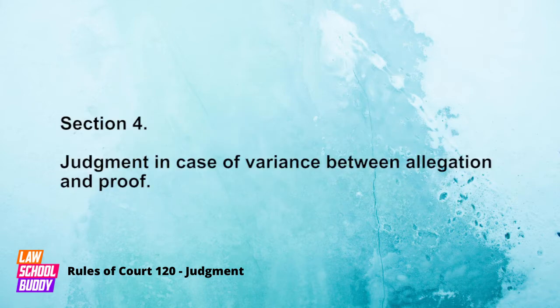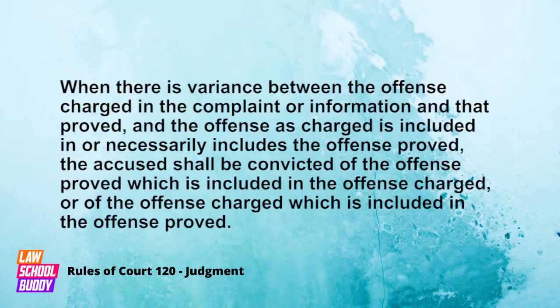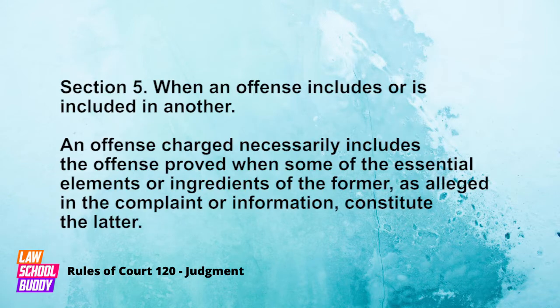Section 4. Judgment in case of a variance between allegation and proof. When there is variance between the offense charged in the complaint or information and that proved, and the offense is charged as included in or necessarily includes the offense proved, the accused shall be convicted of the offense proved which is included in the offense charged, or of the offense charged which is included in the offense proved. Section 5.